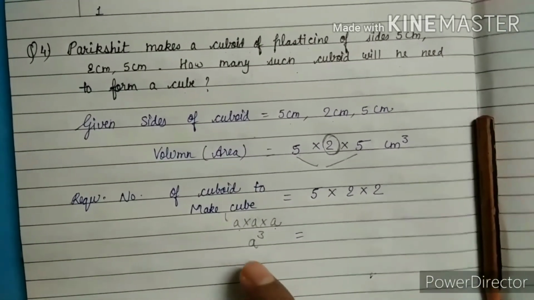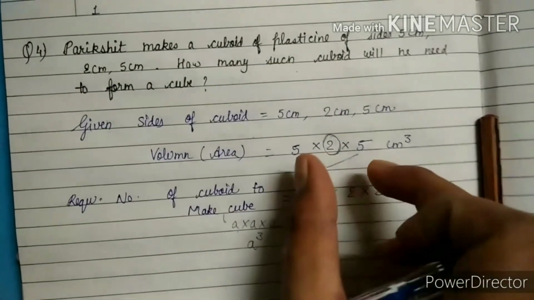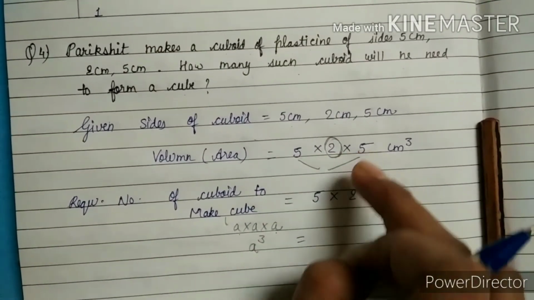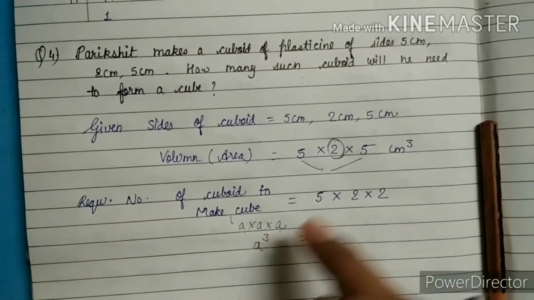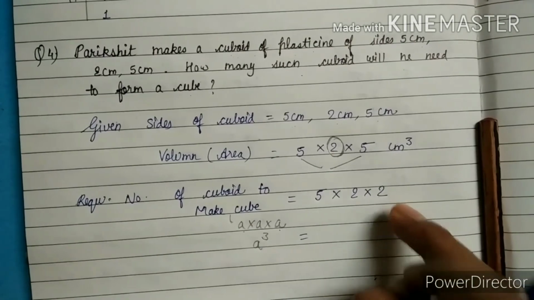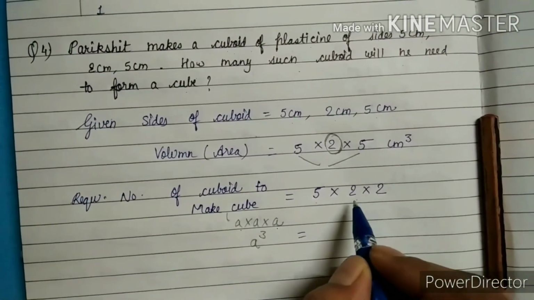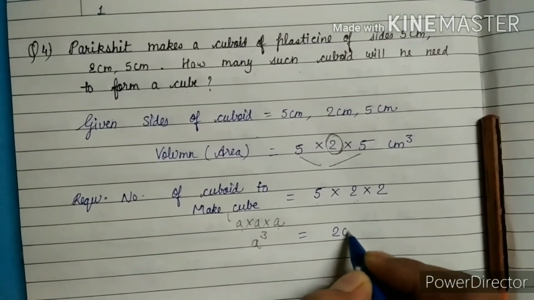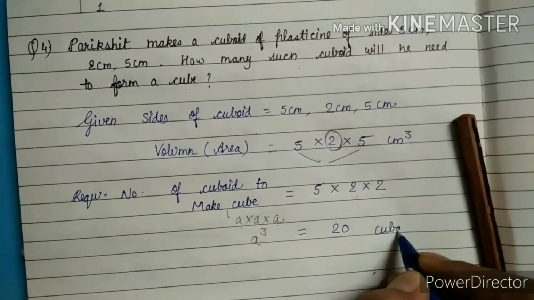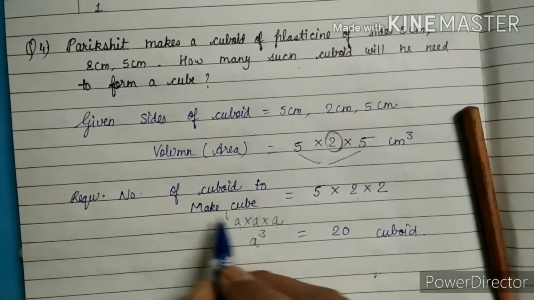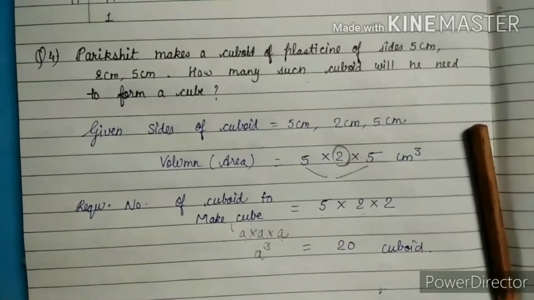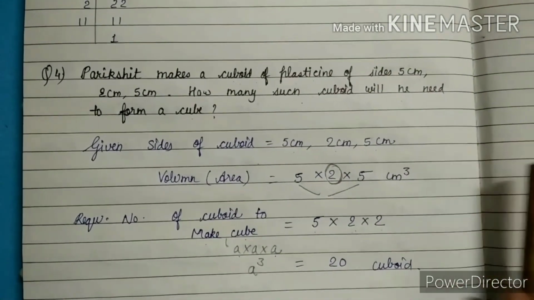So we want it in the form of a cube. 5 into 5 into 5 gives a cube, 2 into 2 into 2 will give us a cube. So 5 2s are 10 and 10 2s are 20. 20 cuboids will make a cube. So here we completed exercise 7.1.